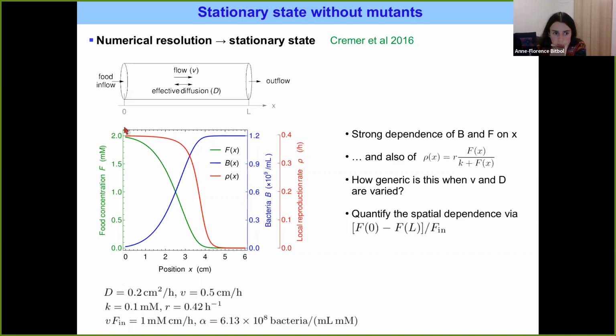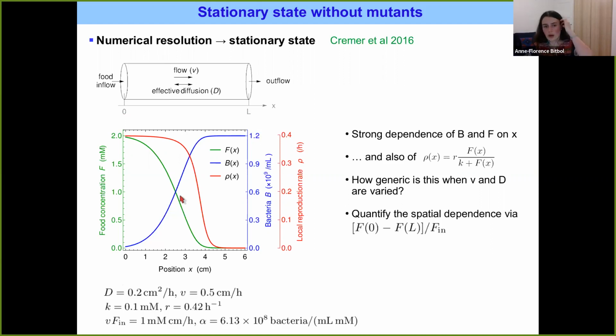And here we are showing the stationary profiles of food and bacteria in a numerical resolution of these coupled partial differential equations. So you can see here the food concentration, which is in green. It essentially decreases and drops as you go along the main axis of the gut. And simultaneously, the concentration of bacteria increases and saturates.